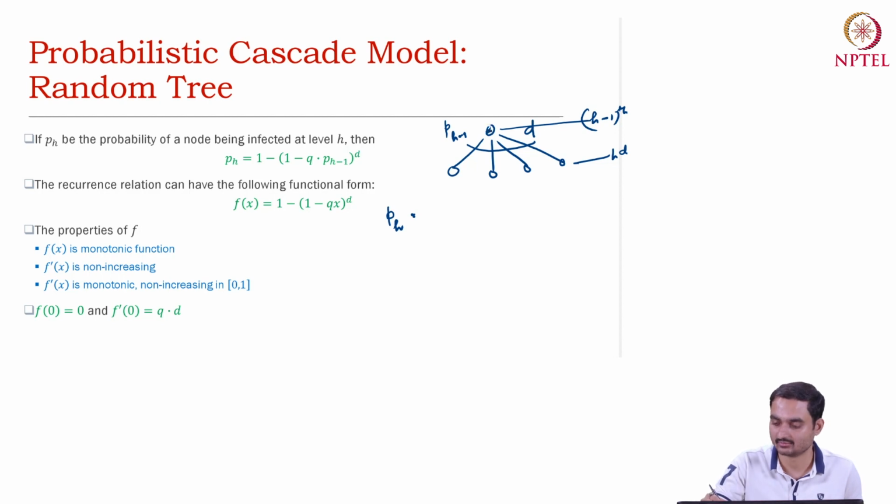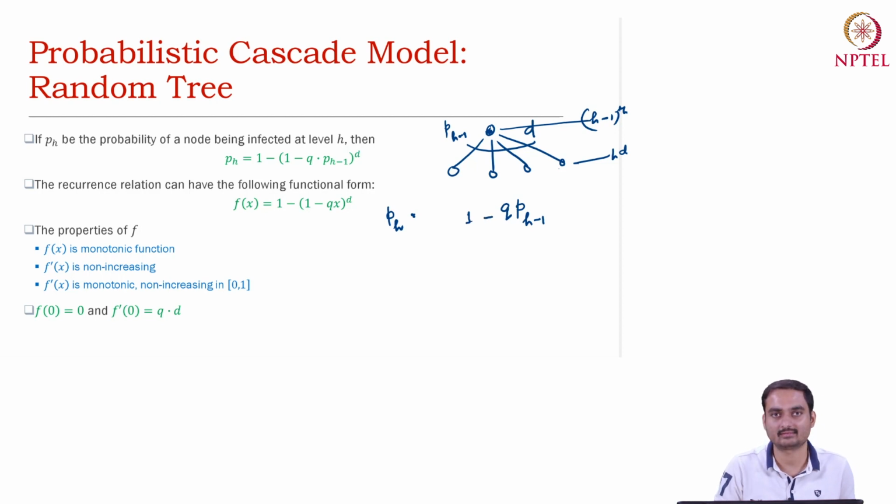Let us say this is the node. This node will infect each of its neighbors with probability q. So q times p_{h-1} is the probability that at depth h minus 1 there is at least one infected node, and at depth h that infected node will infect another node with probability q.